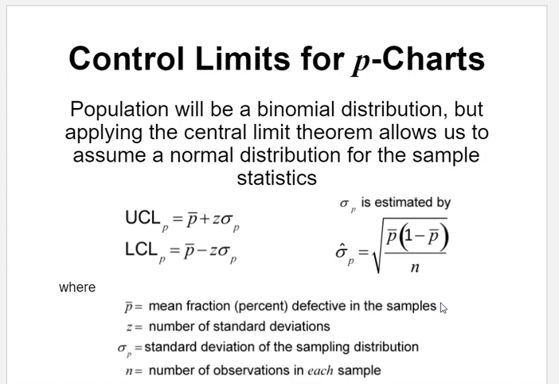Let's say we have 10 days and each day you collect 100 samples, and one day 3 of them, one day 5 of them, one day 10 of them are defective, and then you get the average of these different days. That's p bar.